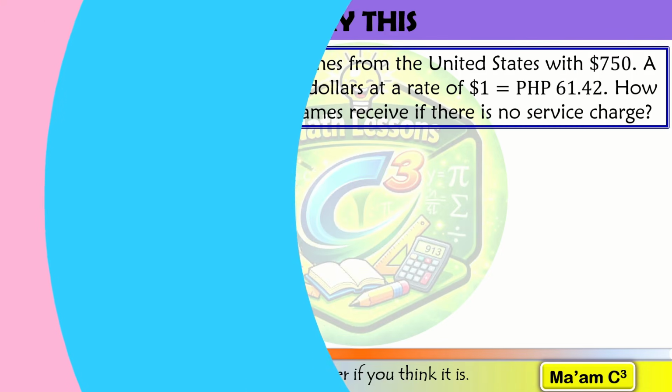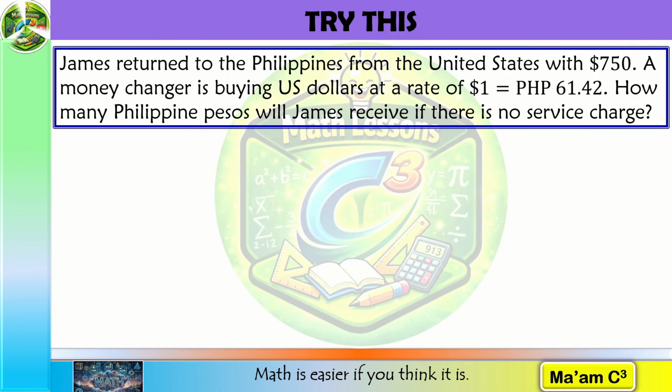Here's one for you. James returned to the Philippines from the United States with 750 US dollars. A money changer is buying US dollars at a rate of 1 US dollar is equal to 61.42 Philippine pesos. How many Philippine pesos will James receive if there is no service charge?